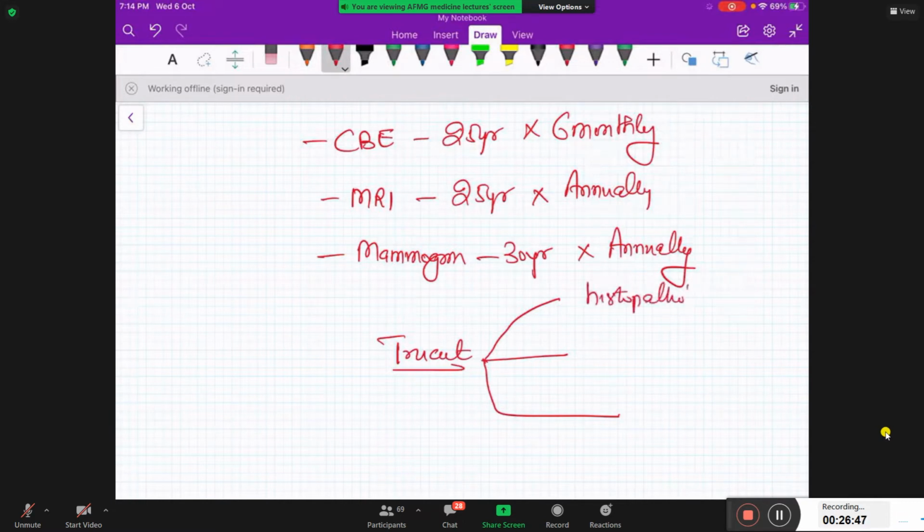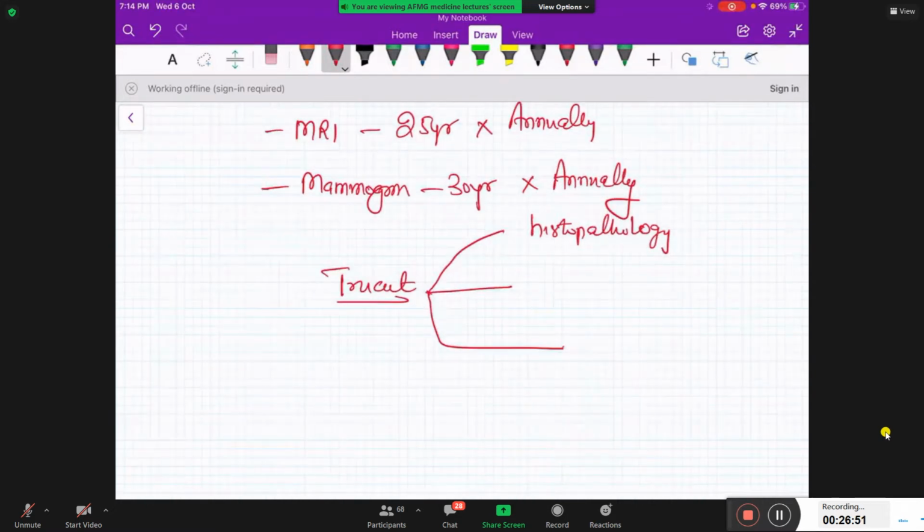Histopathology. Will we come to know what is the type of cancer it is? Yes or no? Okay. Not only do we want to know the pathology of the tumor, we also want to know the status of estrogen and progesterone receptor on this tumor, whether the estrogen and progesterone receptors are there in this tumor or not.